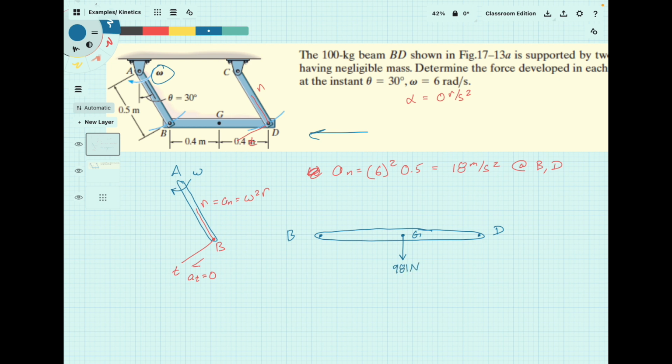And then the two forces in the rods will have to be along the rods, be TB and TD. They're going to be in the directions of the two rods, AB and CD, because that's the direction of the accelerations in those rods.